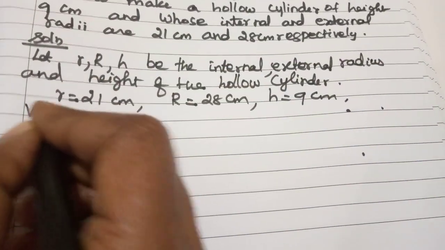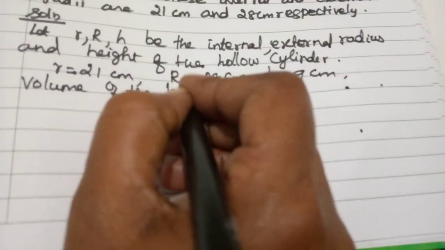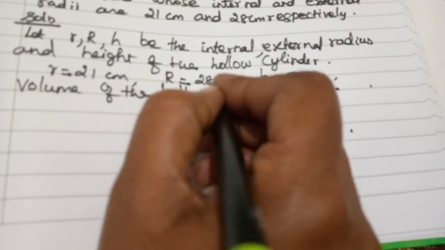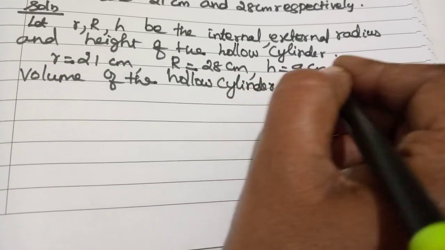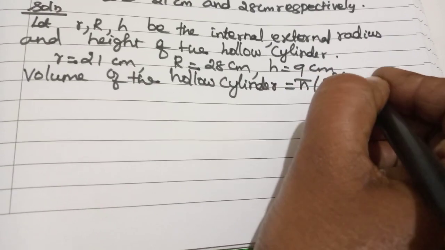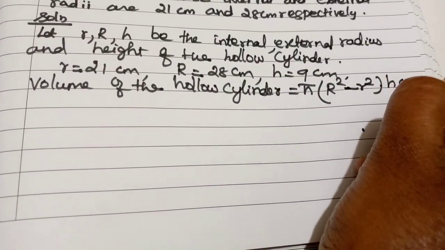So formula let us write. Volume of the hollow cylinder equal to, what is the formula? Pi into capital R square minus small r square into h cubic units. Unit must write.